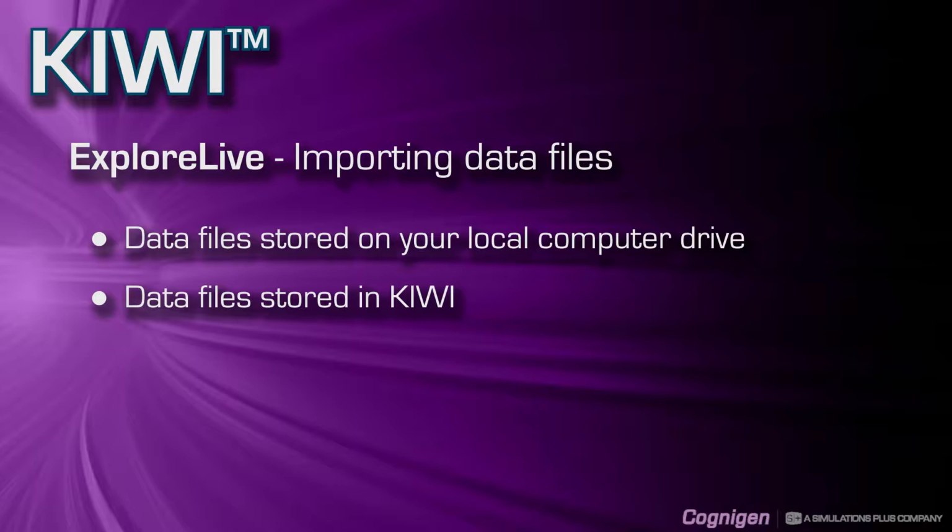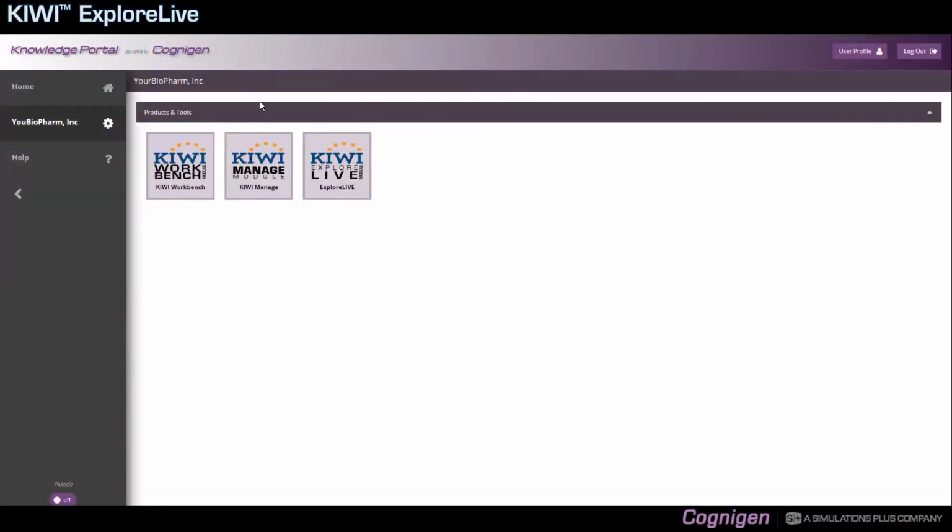First, I will show how you can upload data files from a local computer drive. To do that, you must open ExploreLive through the Knowledge Portal by clicking on the ExploreLive tile. This will open an ExploreLive session.